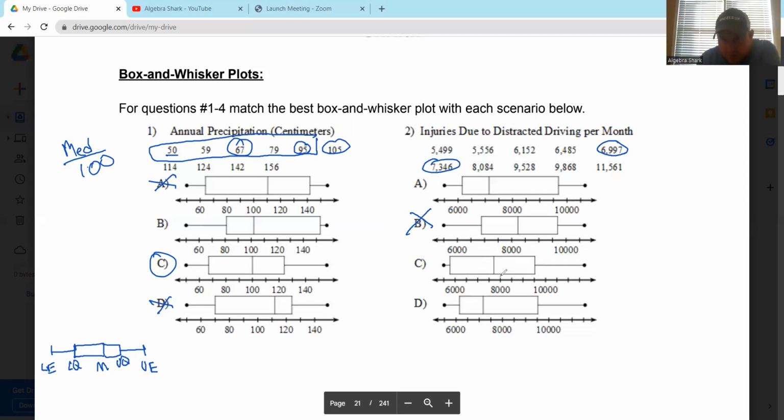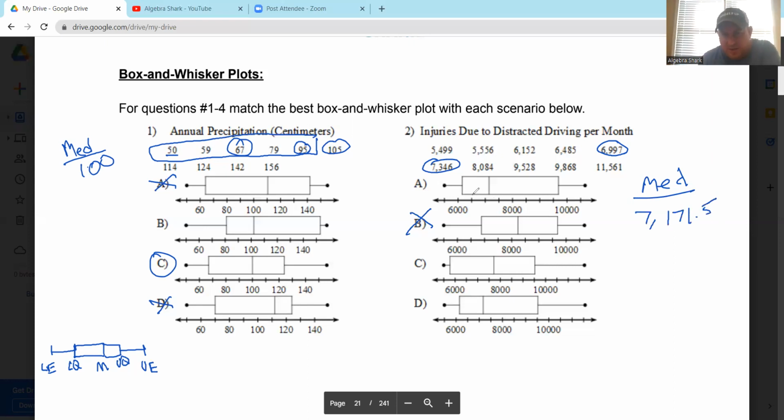Let's find the average of those two circled numbers. So it would be 6,997 plus. So I'm just adding them up and dividing by 2. That's all I'm doing. Okay. So the median is 7,171.5.